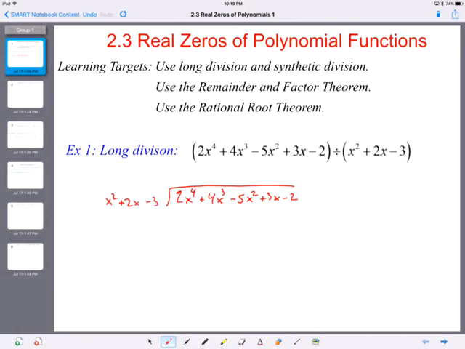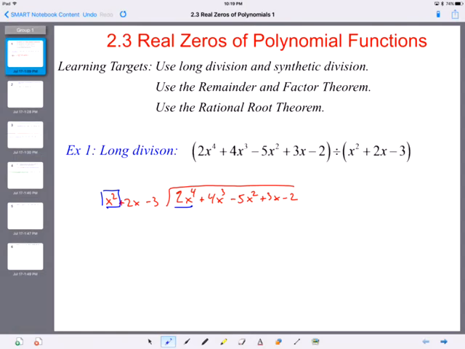and we're looking for your quotient here. So what we want to do is ask ourselves, what times x squared will give you 2x to the fourth?